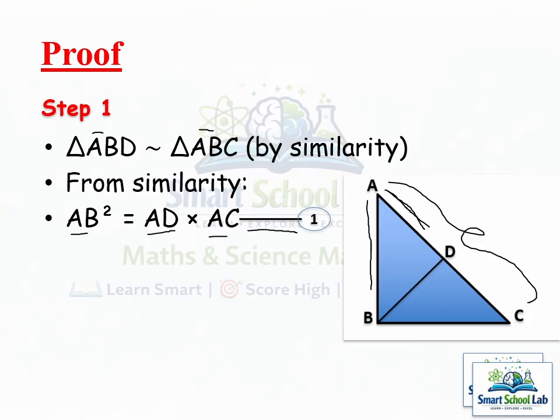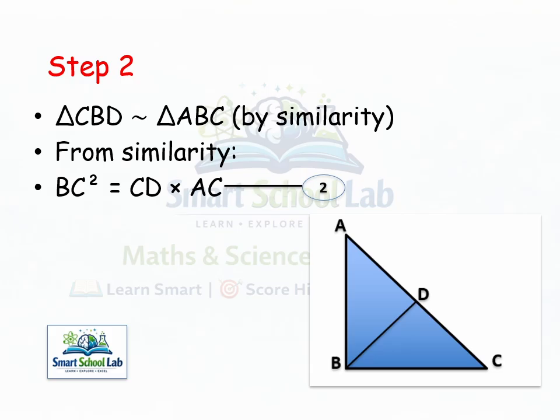Now let us move to the next slide, that is step 2. Here let us take triangle CBD and triangle ABC. From similarity, same as we did in step 1, look at the diagram carefully.